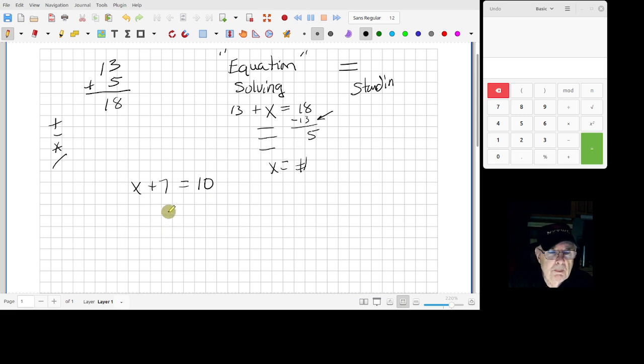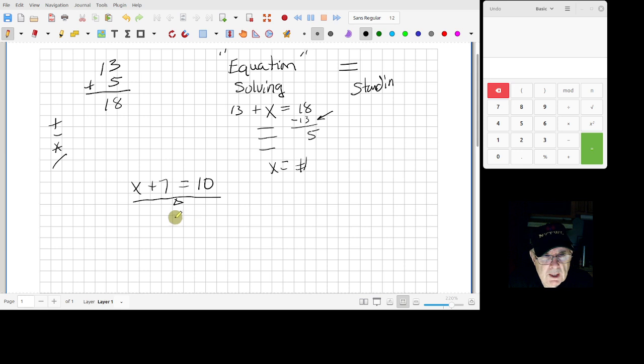Well, what does that mean? It means that what is on the left side of the equal sign is numerically equivalent to what is on the right side. Think of it as a balance. In ancient Arabic, and that's where the word algebra comes from, it means the balance.